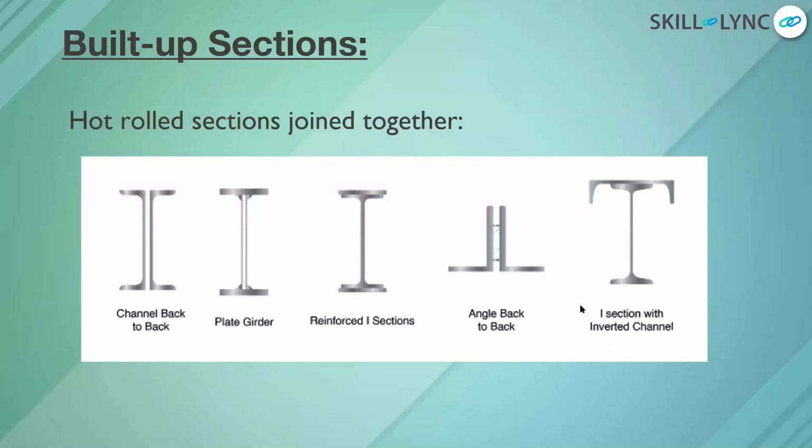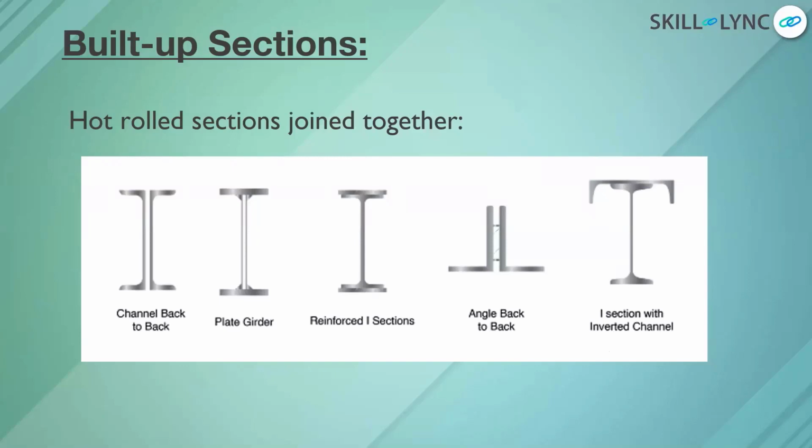When the required section properties, such as the moment of inertia or shear area, are more than the available section, note that for every steel section in the table, we have a specified moment of inertia, shear area and so on.